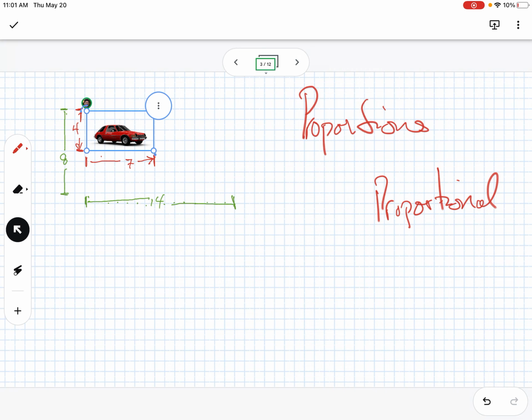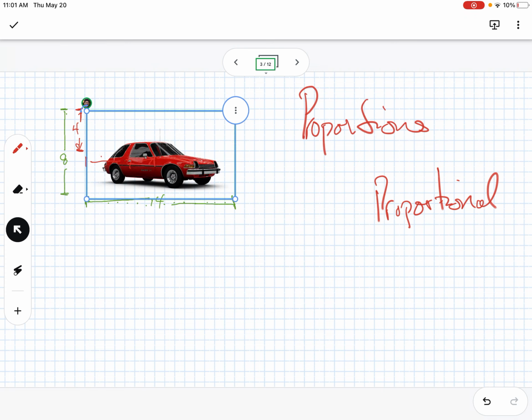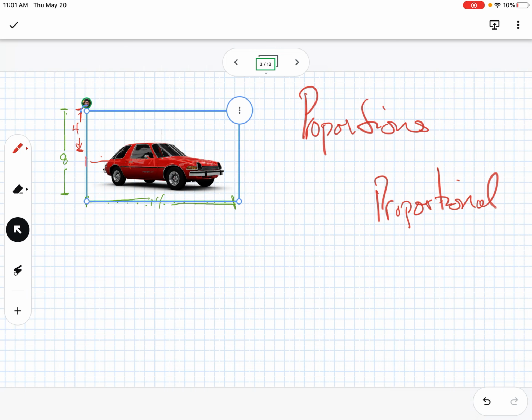Now, if I take this thing and stretch it by grabbing that handle, what I've done is I have doubled the height. So instead of the height just being 4, it's now 8. If I've doubled the height, then I've also doubled the width. So the width has gone up to 14 units now.